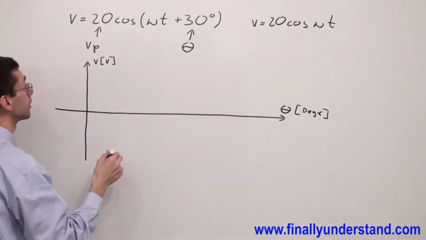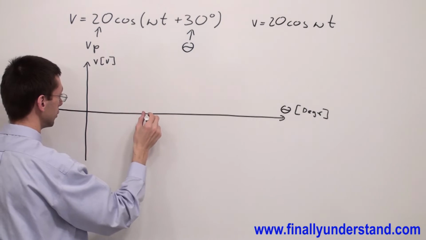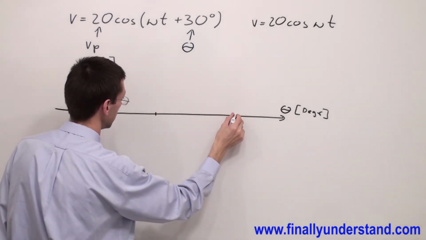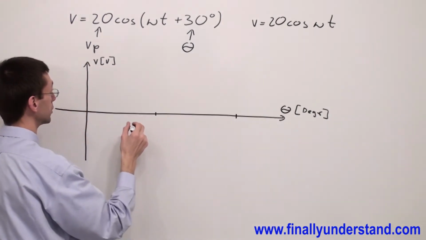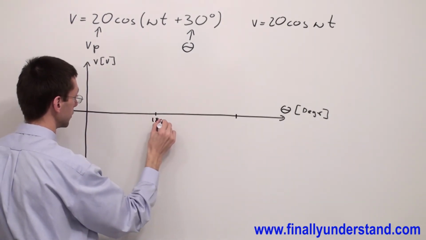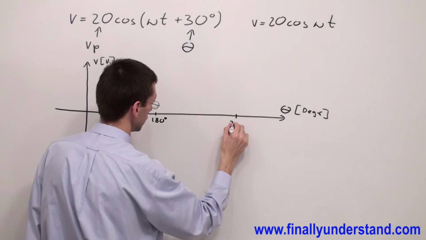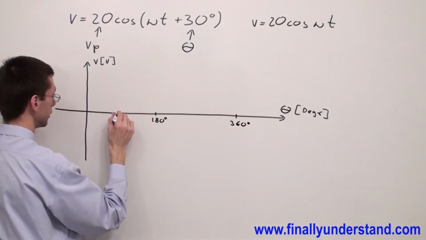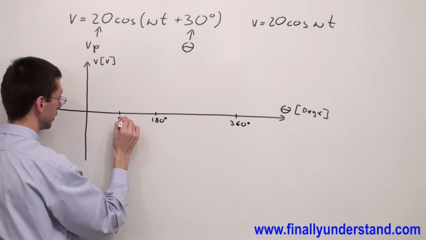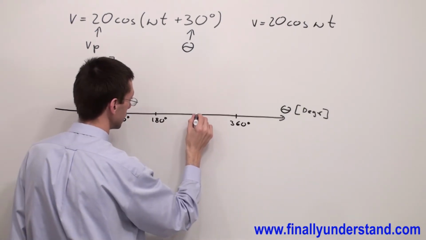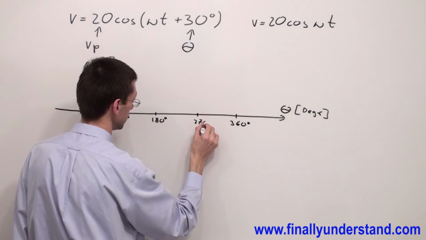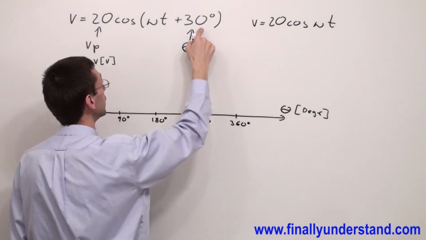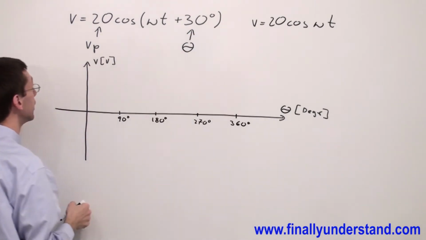Next, I'm going to find the points on my x-axis, which are going to represent 180 degrees, 360 degrees, and 90 degrees, and 270 degrees, because the x-axis has to be calibrated in degrees because I have degrees over here.